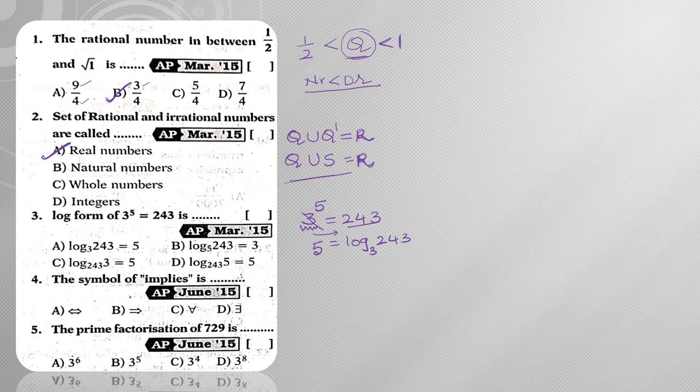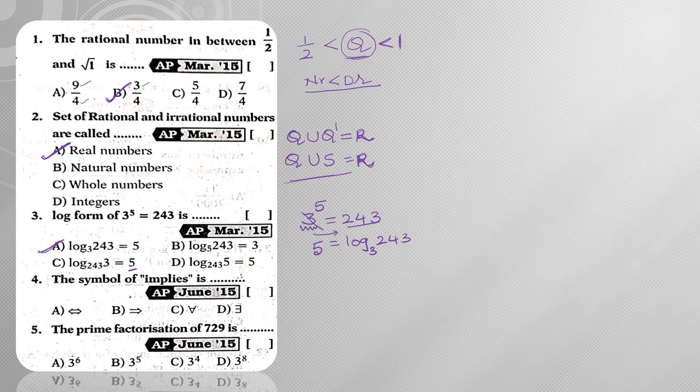So the answer is 5 is equal to log 243 base 3. From the options, option A is my answer. Log 243 to the base 3 is equal to 5.